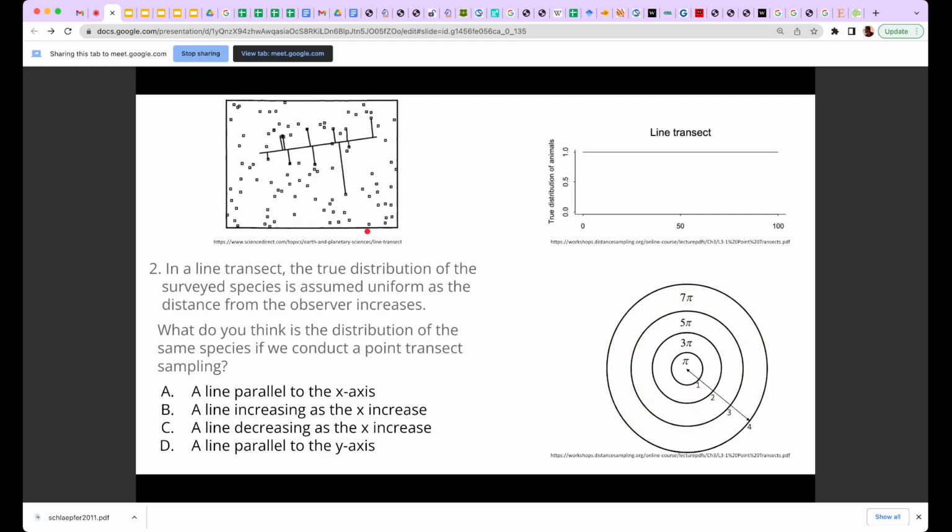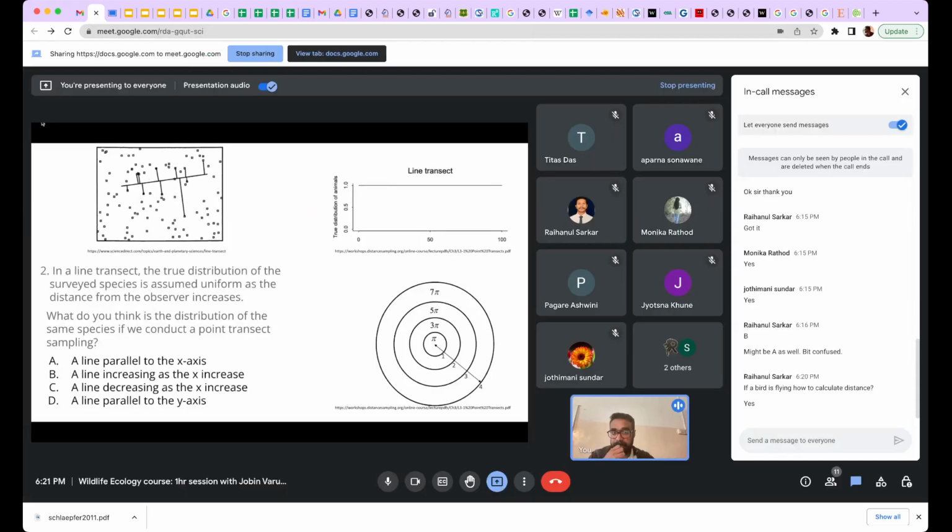Because if it's equally distributed, then it depends on the area that you are counting, right? Are people still with me till now?